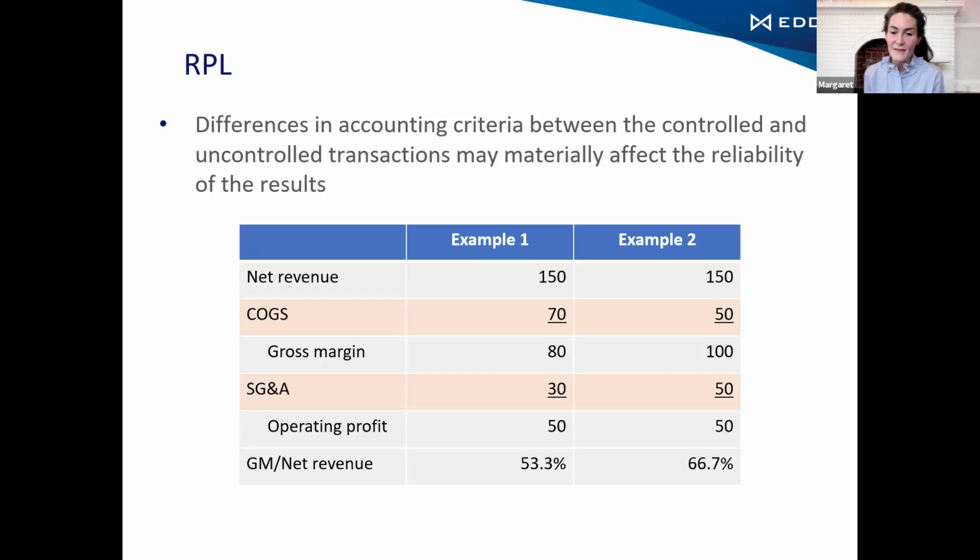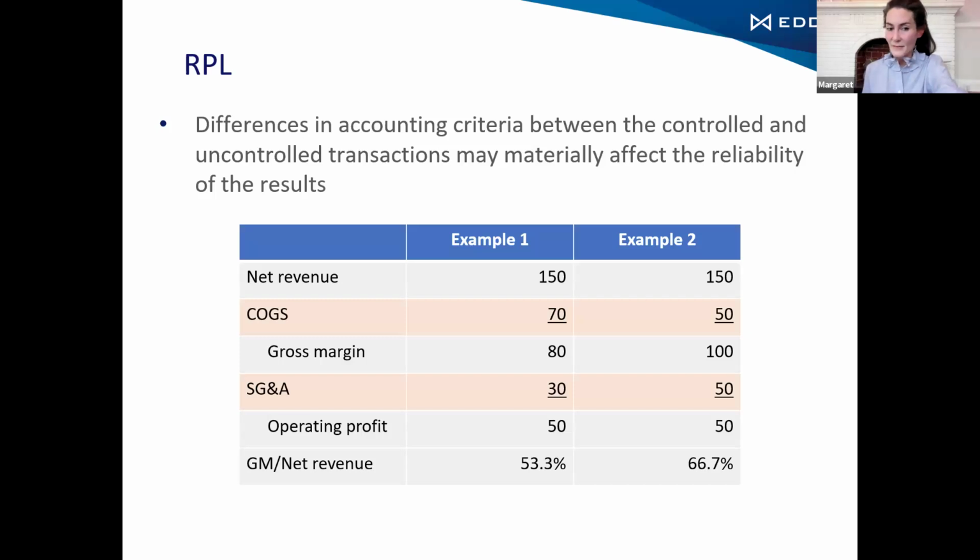So it's very hard to be sure that you're going to get a reliable analysis at the gross margin, just because you don't know how the costs were treated from an accounting perspective. And you can see how the bottom row here, just because some costs were moved from COGS to SG&A, really made a difference in the PLI. And that could move your tested party in or out of the range.